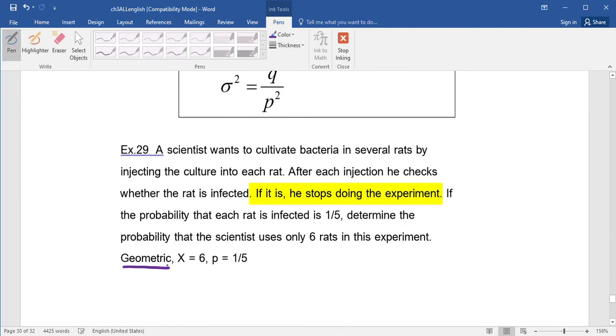This situation is a geometric situation. Why? Because the experiment has 2 outcomes, right? Success and failure. Success means the rat is infected. And it's about doing the experiment until you get success for the first time.